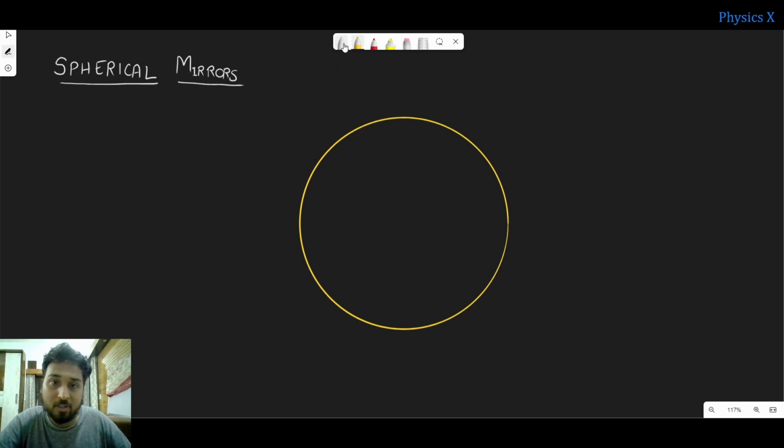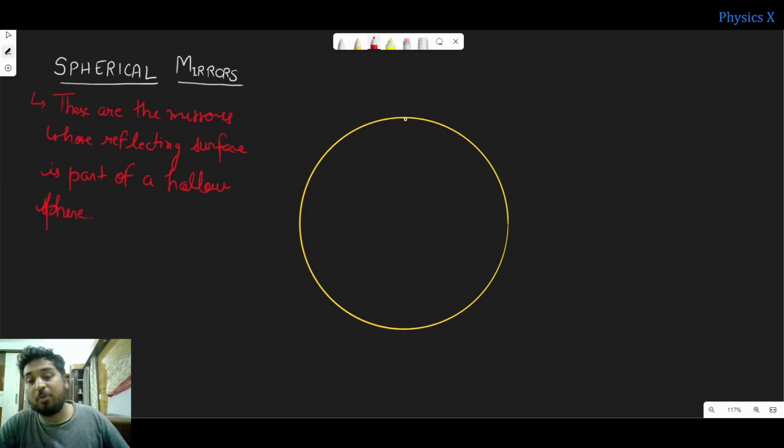First of all, let us write this definition: these are the mirrors whose reflecting surface is part of a hollow sphere.